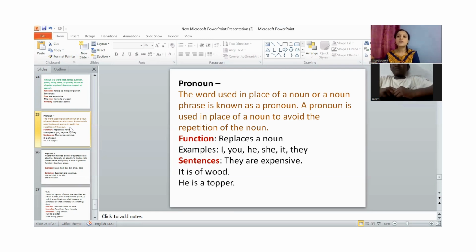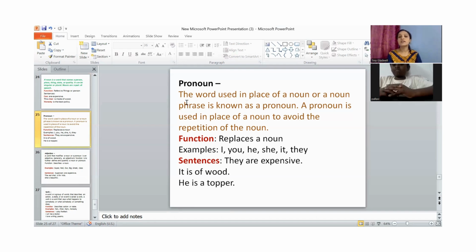I cannot keep using your name for every sentence I begin. So that is why I use a pronoun, a word that I use instead of your name. I can say he is singing, he is playing badminton, he is with his friends. The word that is used instead of a noun is called a pronoun.